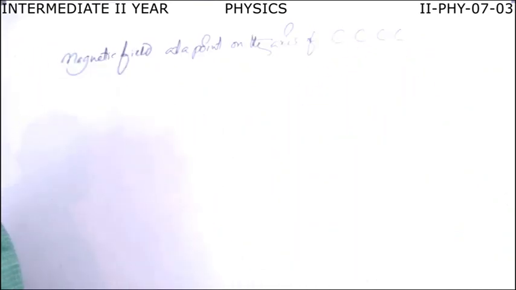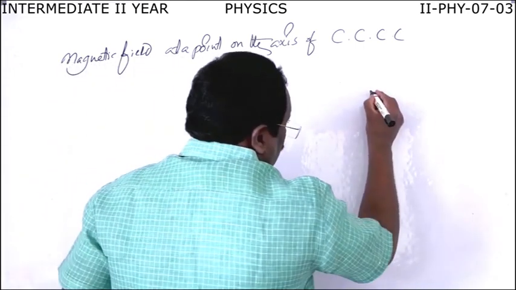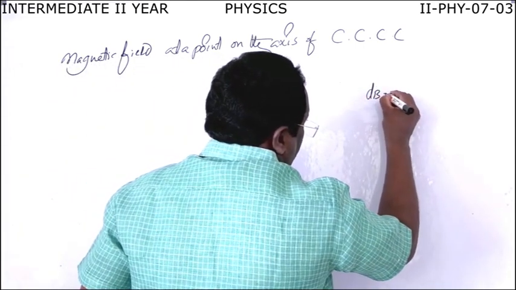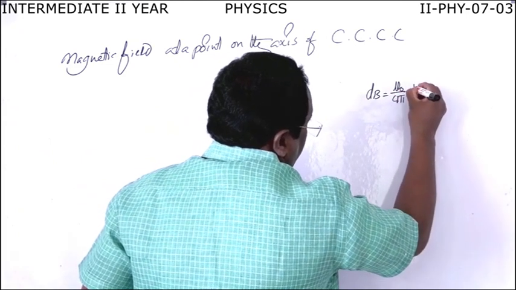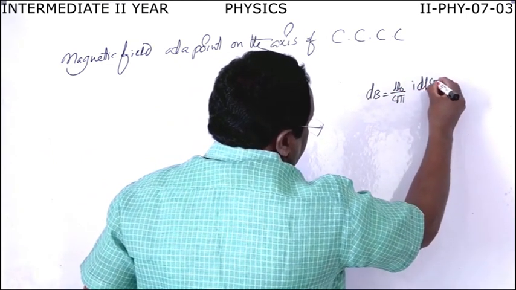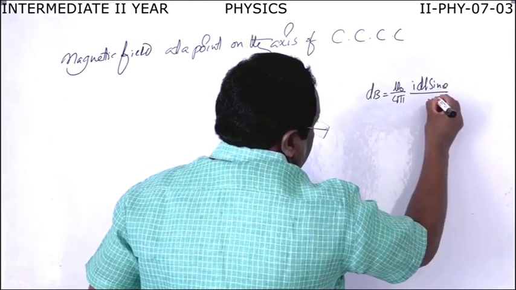So already you know the magnetic field due to a small element of a current carrying conductor, mu naught by 4 pi I dl sin theta by r square.